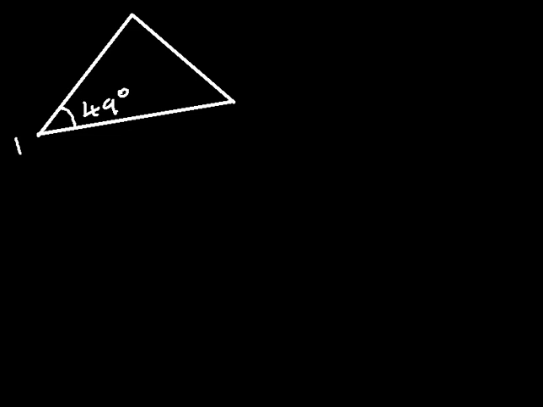Let's say this is side M, and this is side N, and this is the angle M, and let's say this is 49 degrees, and this is 6 meters, and this is 7 meters. Now in this case, what is the area of this triangle?